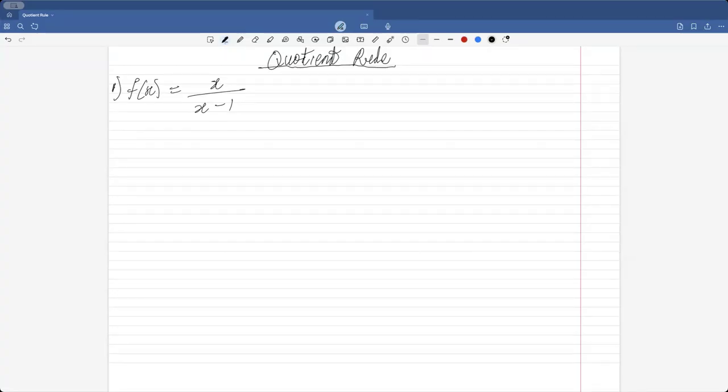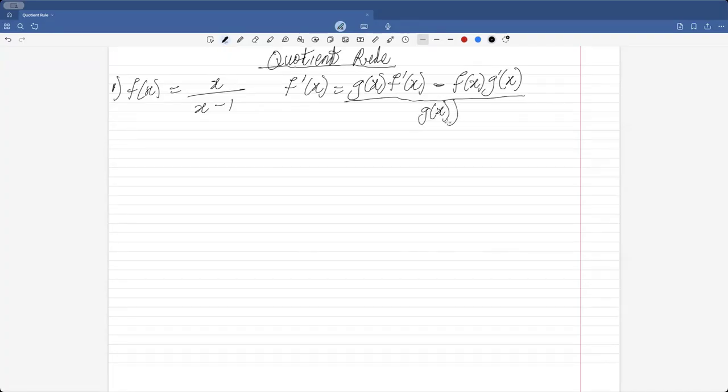Well, the formula for quotient rule is f prime x equals g(x) f prime x minus f(x) g prime x, all over g(x) all to the power of 2.